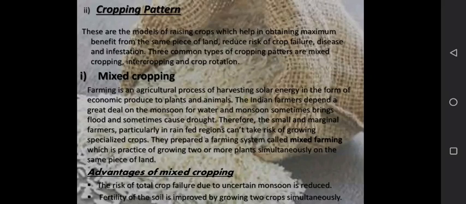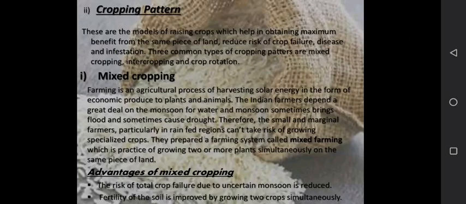Now, farming is an agricultural process of harvesting solar energy in the form of economic produce to plants and animals. The Indian farmers depend a great deal on the monsoon for water, and the monsoon sometimes brings flood and sometimes causes drought.